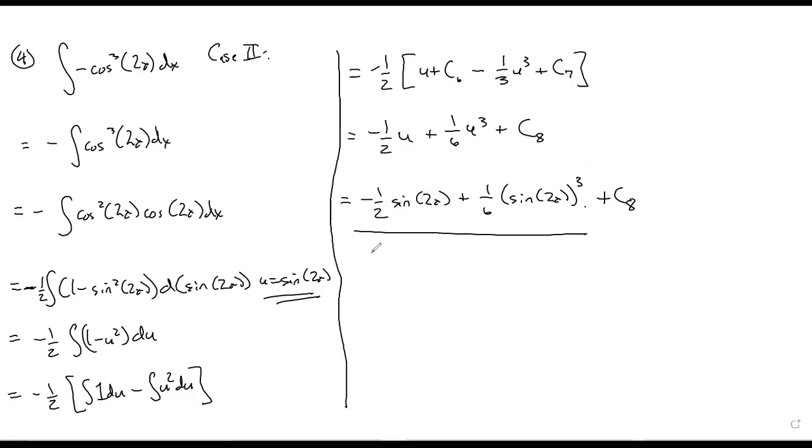So combining everything, we get 1/8 times the quantity x plus 1/2 sine 2x, and then we get minus 1/2 x minus 1/8 sine 4x.